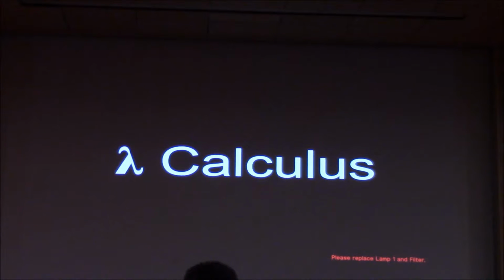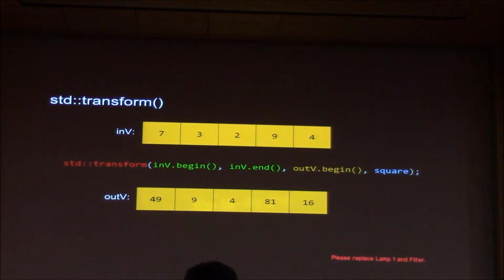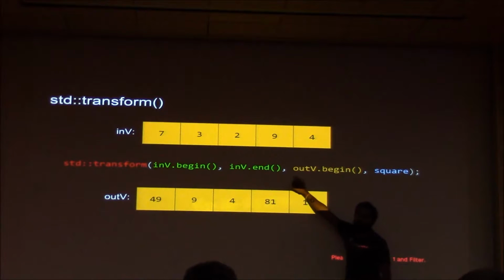With that, then we are moving. Any other questions regarding std::transform? Because std::transform is one very useful algorithm. Yeah. So if you wanted to modify the input vector, you would have to set that equal to the output vector. That's a very good question. So the question is, what if at this particular location we have inv.begin()?